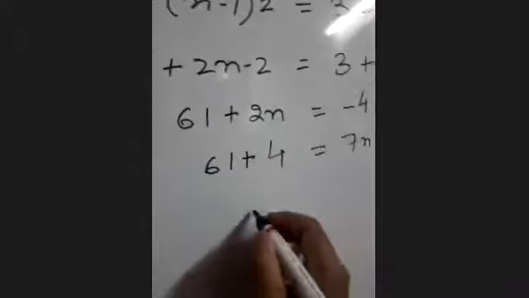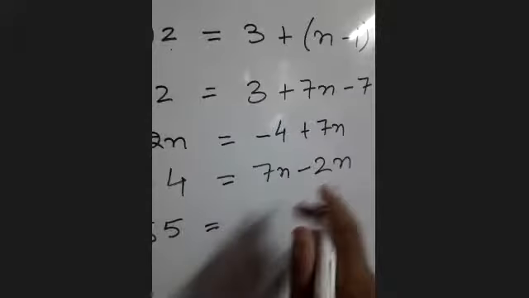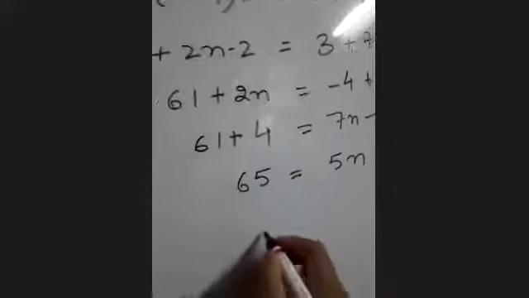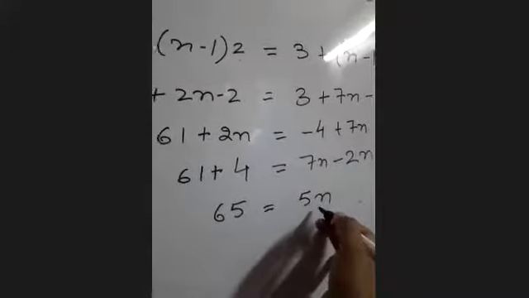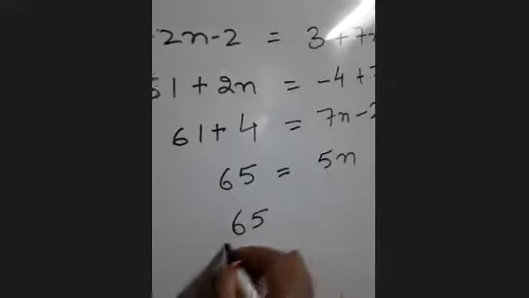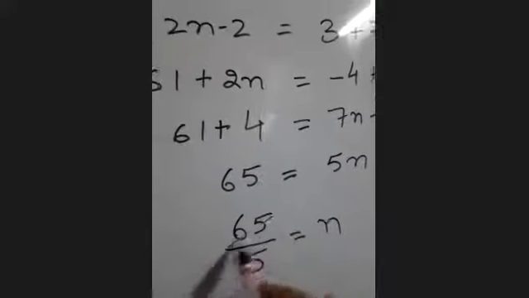So 61 plus 4 is 65 equals 7n minus 2n, that will be 5n. Transposing the 5 to the other side, 65 upon 5 is 13.